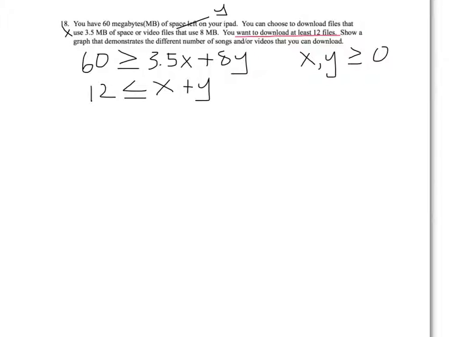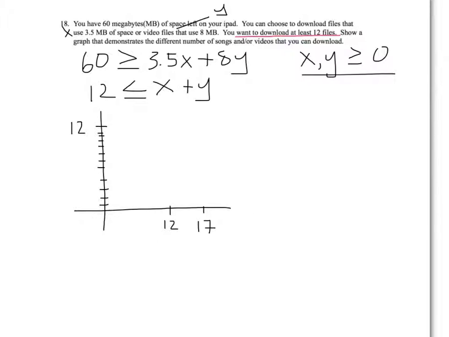So now I'm just going to go ahead and graph those two equations, and then also keep in mind the x and y are both greater than 0. When I'm graphing that first equation, 60 equals 3.5x plus 8y, the easiest way to do this is to plug in 0 for x or y and solve for the other. So I plug in 0 for x and that becomes 0.